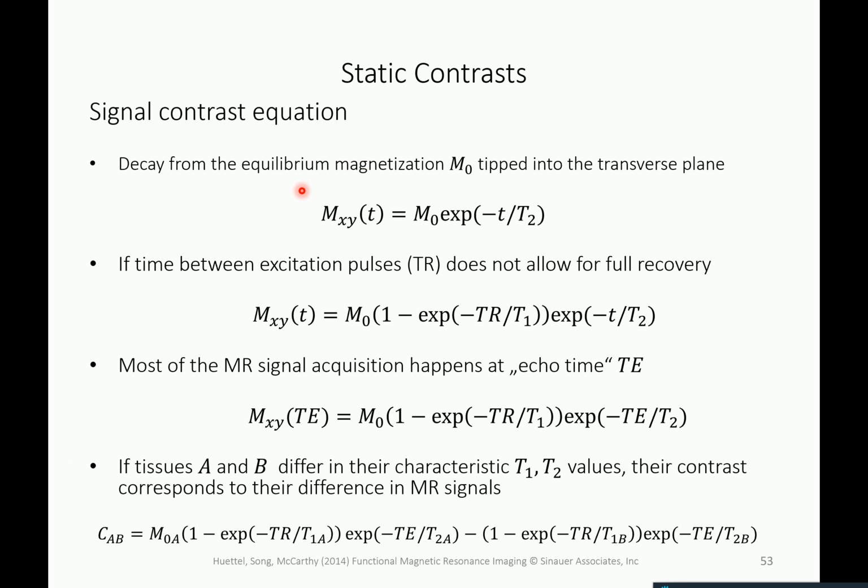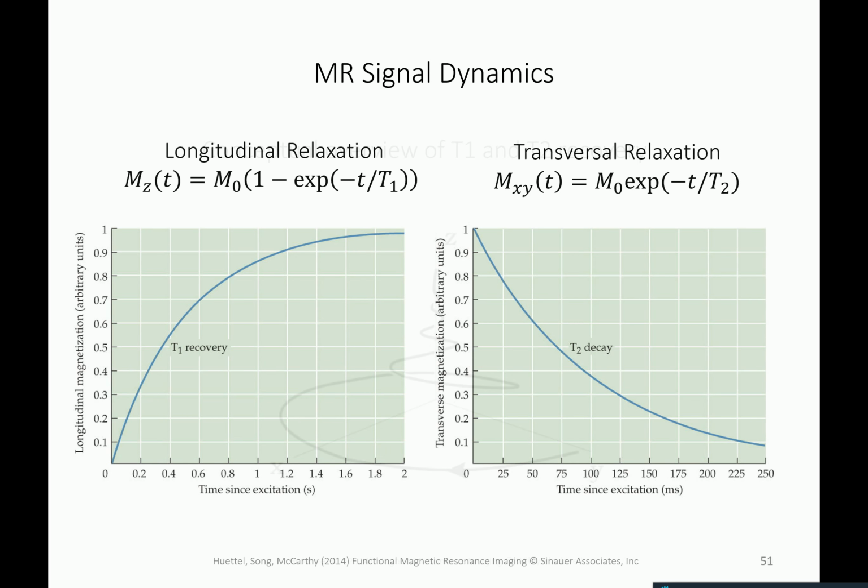What this first equation describes is the decay from the equilibrium magnetization M0, which is tipped into the transverse plane. This is described by an exponential function where t goes in and the time constant is T2. What this equation describes is just this plot. When you see this equation, M0 is actually chosen so that it's 1.